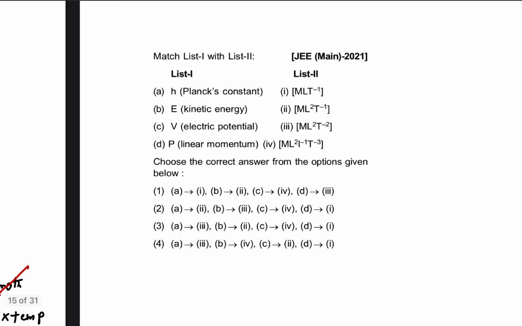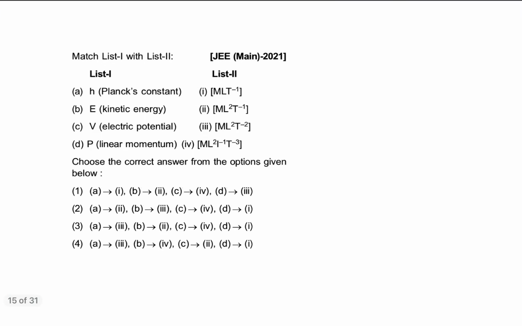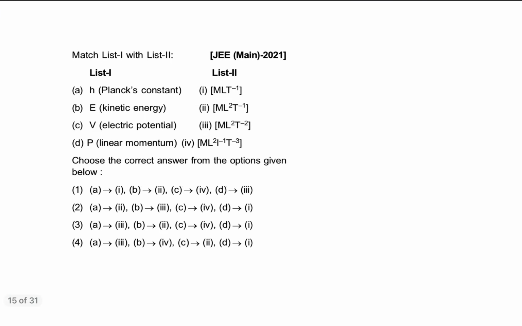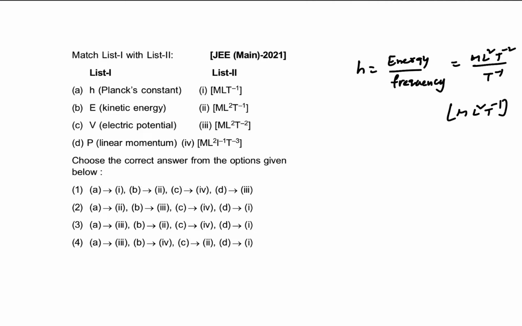Planck's constant. Earlier I have already written Planck's constant dimension formula. Okay, anyway, if you want, we can write again. Planck's constant h is equal to energy by frequency. Energy by frequency. m L square T power minus 2 divided by T power minus 1. We'll get m L square T power minus 1.